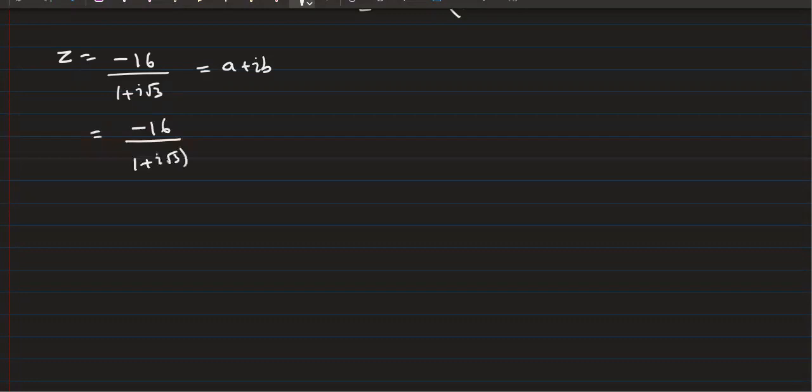First we have to convert it into a plus ib form. So what we have to do, we have to rationalize. So minus 16 by 1 plus i root 3 into 1 minus i root 3, that's the conjugate, by 1 minus i root 3. Yes, everyone agree?